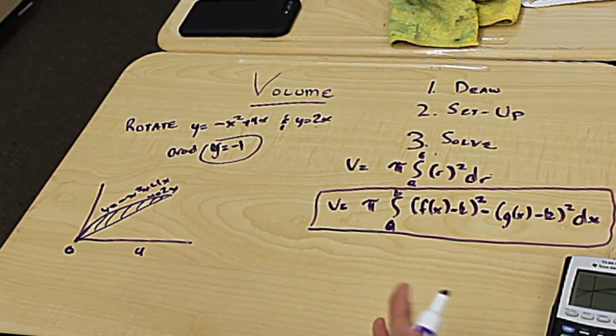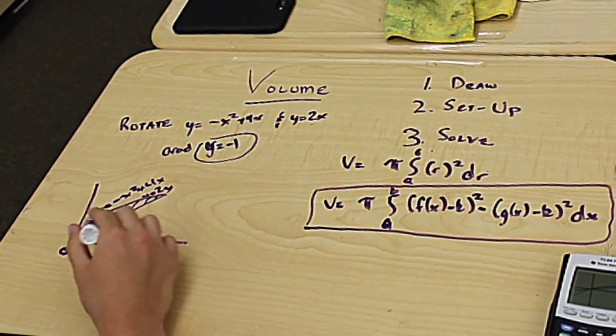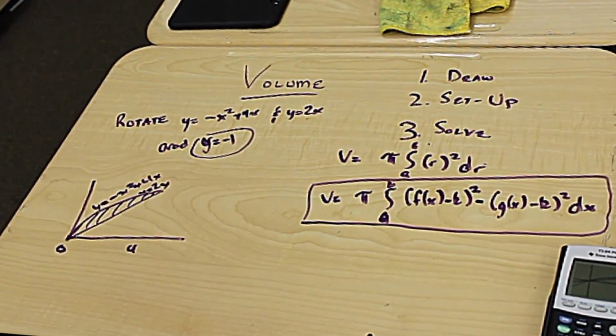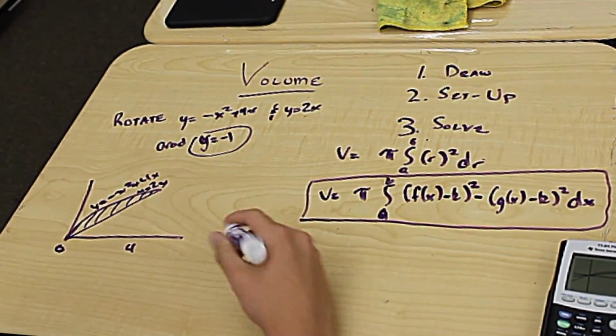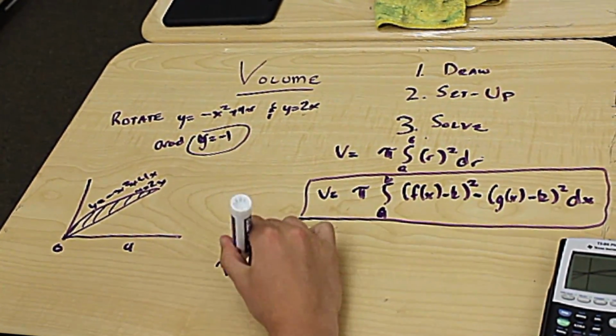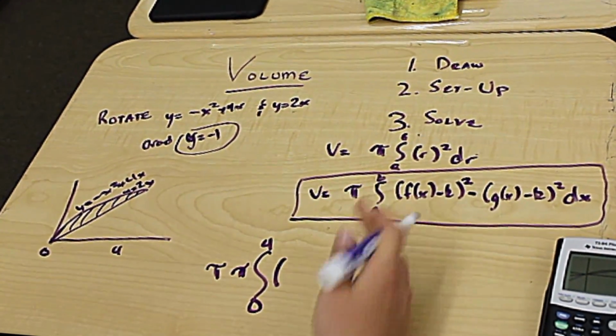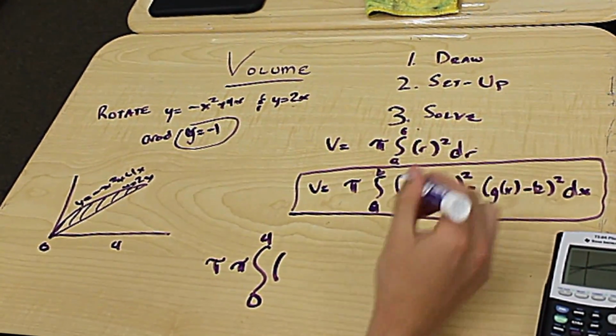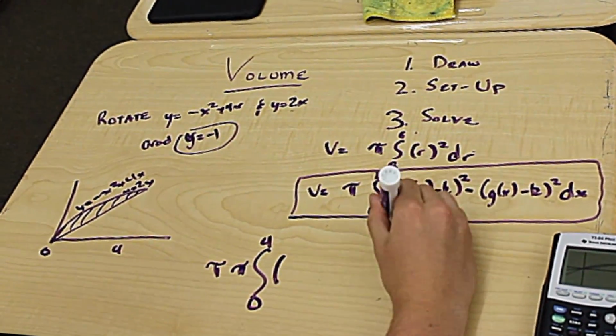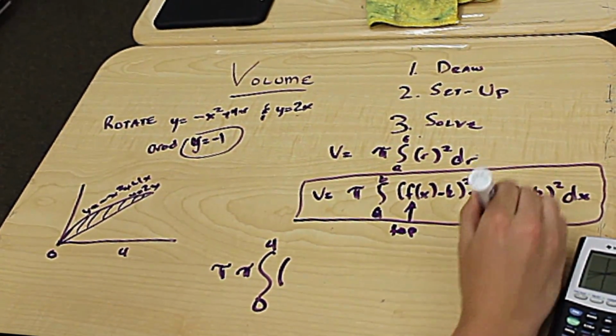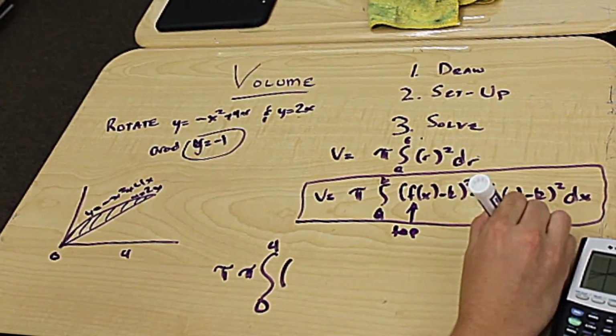So we're not gonna solve it, but we're just gonna set it up. So like we said, we know that y is equal to negative x squared plus 4x is your top function. So we're gonna start this. We know pi, and then we know our domain is 0 to 4. Okay, so the top function is your f of x function. Just always remember that. This here is your top function, and this here is gonna be your bottom function.